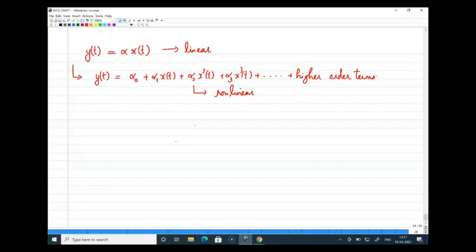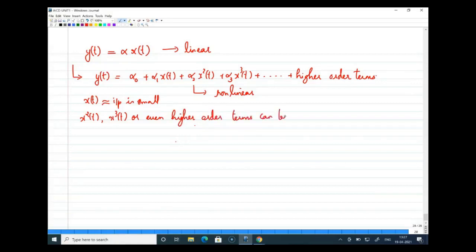Now, x of t is your input signal, and your input signal is very, very small. Since your input is small, the x square t terms or x cube t terms or even higher order terms can all be neglected. It is not that the terms are not there.